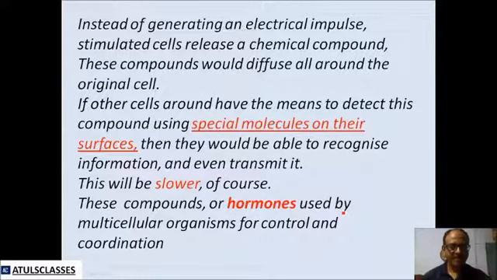These chemical compounds are called hormones and are secreted by special organs or glands, and they are received by each and every cell to which these hormones are targeted. On the surface of the cells, special molecules receive them and act according to the hormone that is involved.